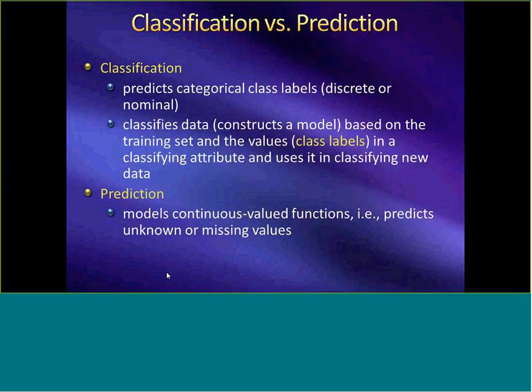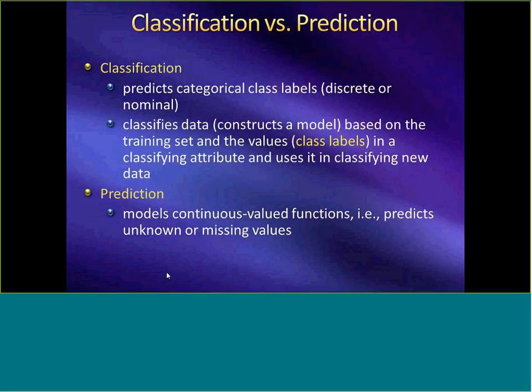But in addition, prediction is used in a sense when we talk about categorical and continuous variables. Sometimes the distinction between classification and prediction in many text articles is blurred because prediction is mostly taught when we talk about regression, about continuous variables. So keep this in mind.